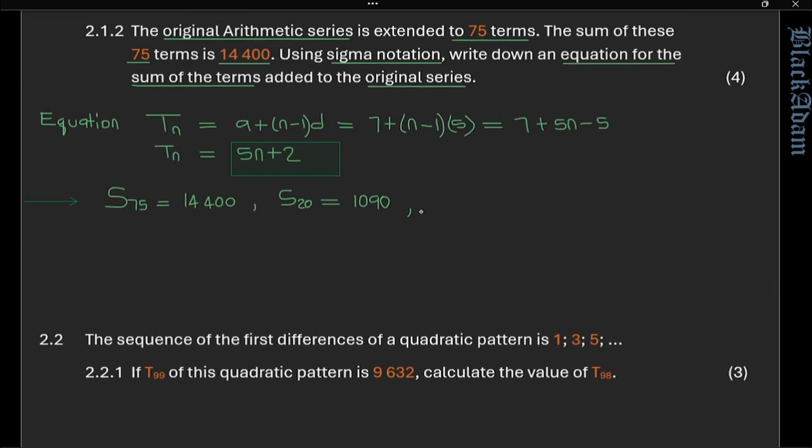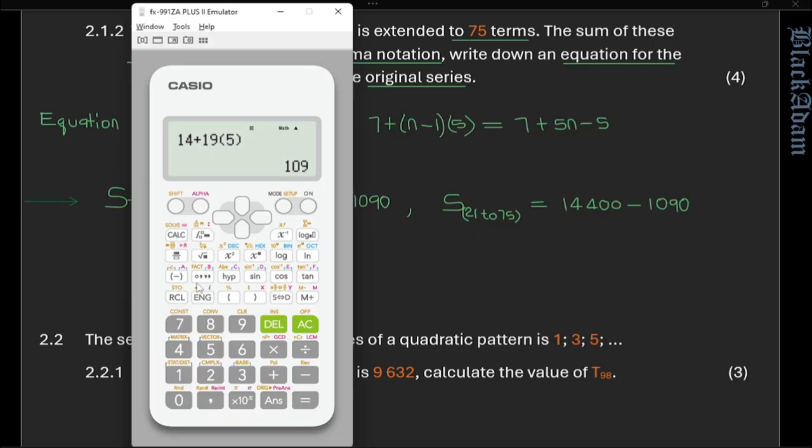So the difference, the sum from 21 to 75, is going to be 14,400 minus 1090.